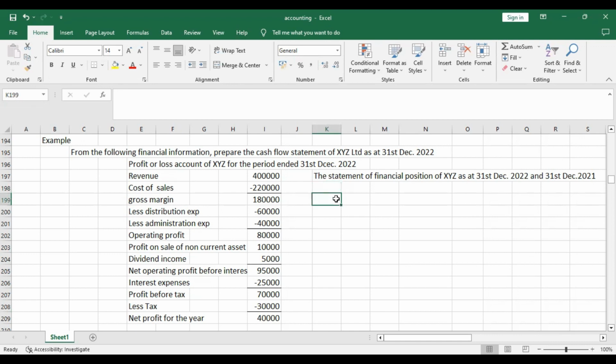So what is the information that has been given to you? One column is 2022 and one is 2021, side by side.